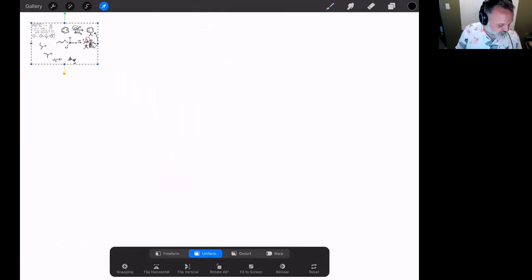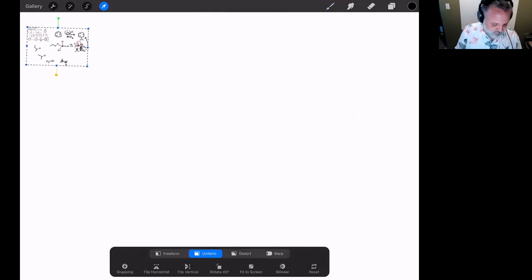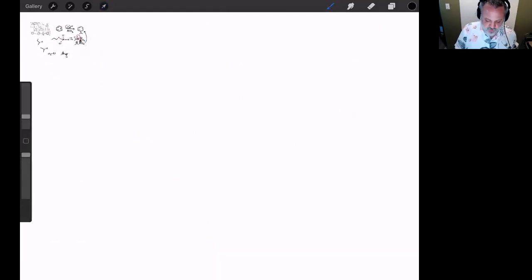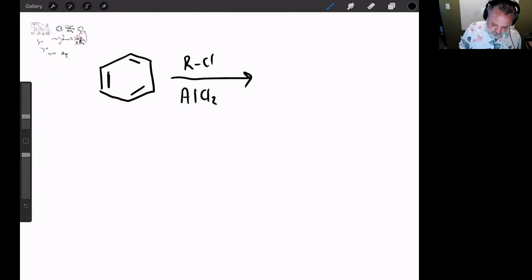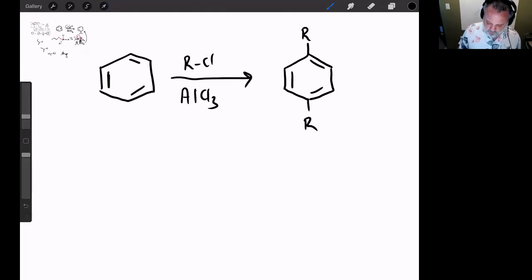Now, there's a couple of other considerations that need to be made as well. Now, there's one thing to point out, that in real life, an electron donating group, like an alkyl group, is actually an activating group when it comes to subsequent alkylations.